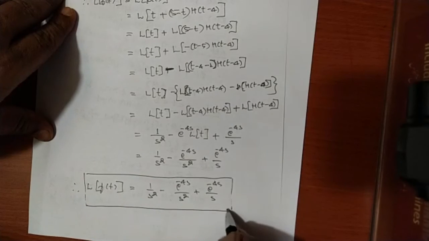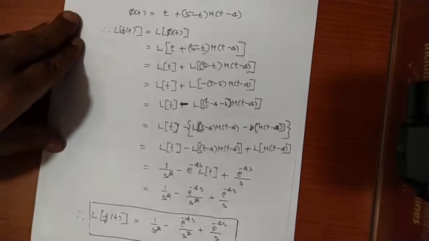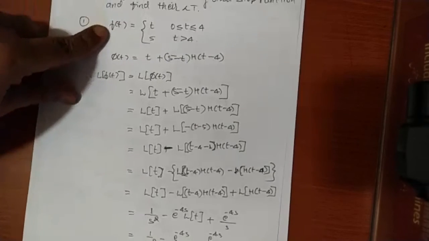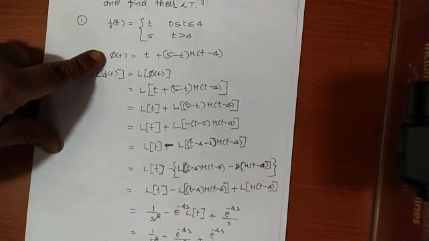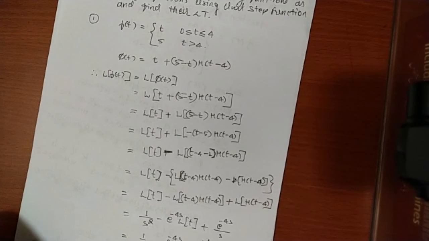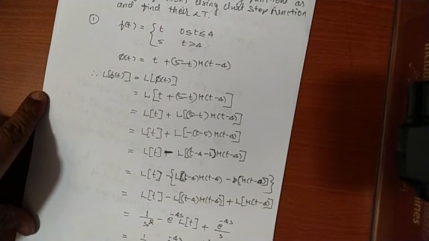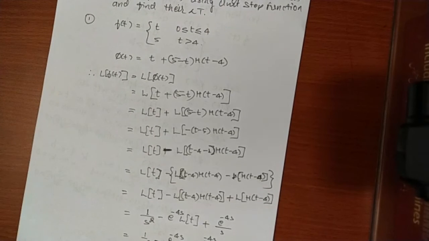What I should do is write the given function f of t as a single function phi of t, then use the Laplace Heaviside shifting theorem and find the Laplace transform. So we are going to solve problems using the unit step function.